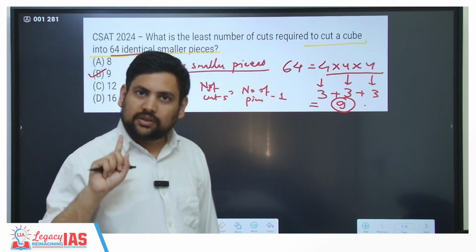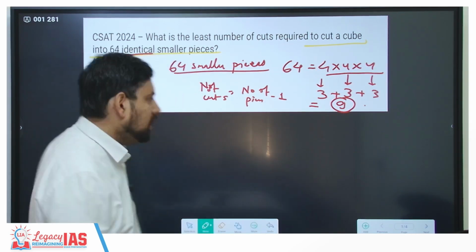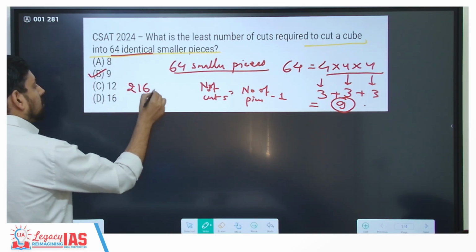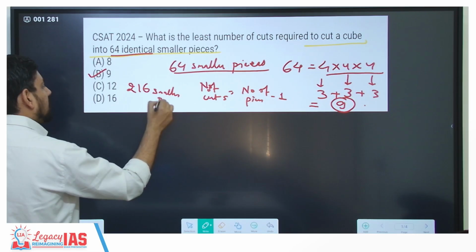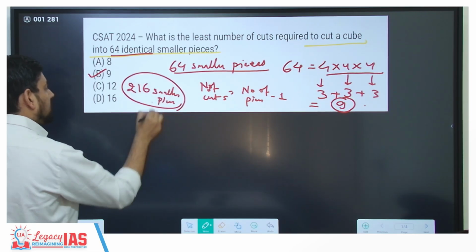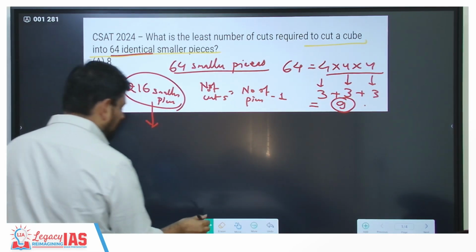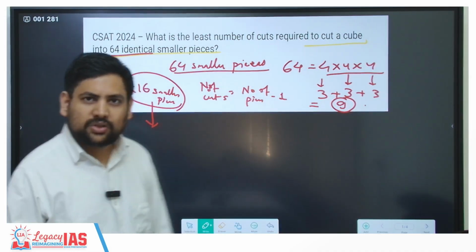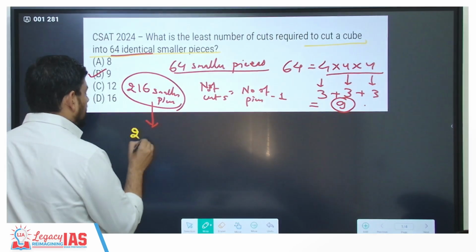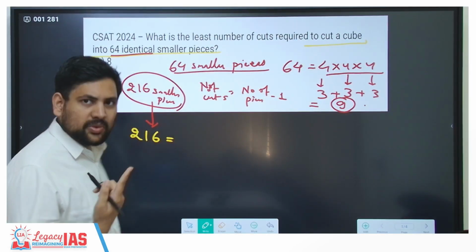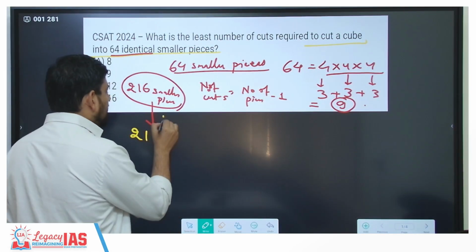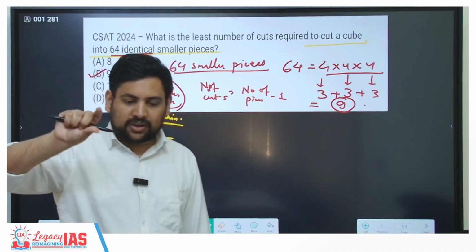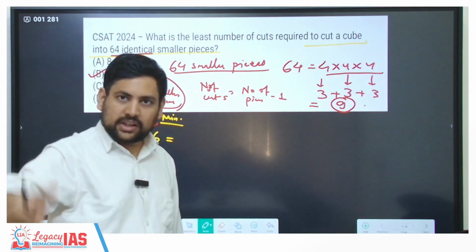For 125 we did, 64 we did. What we can also try? Try this. If I have to cut into 216 smaller pieces, same pattern. Can you find it? Now you understand the pattern. You want minimum cuts, and you get that when you have 6 cubes on the length side, on the breadth side, and on the depth side.